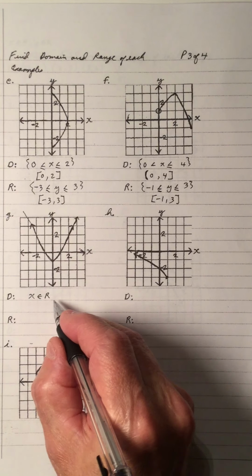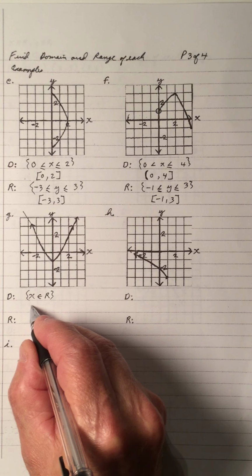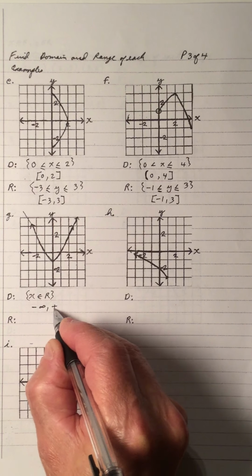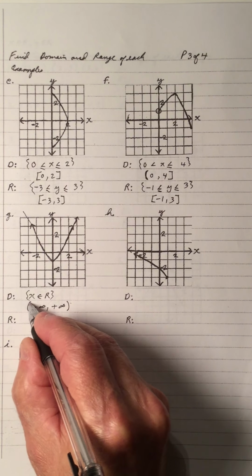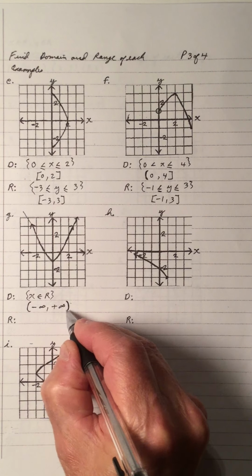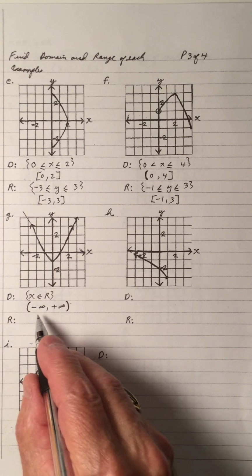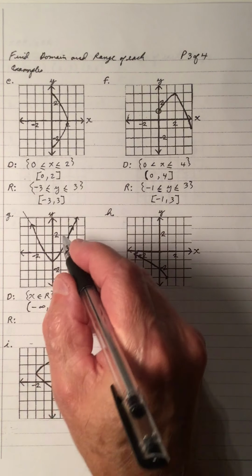So it's the reals, and reals are denoted by negative infinity, comma, positive infinity, and not the square brackets, but the round brackets. That indicates interval notation.